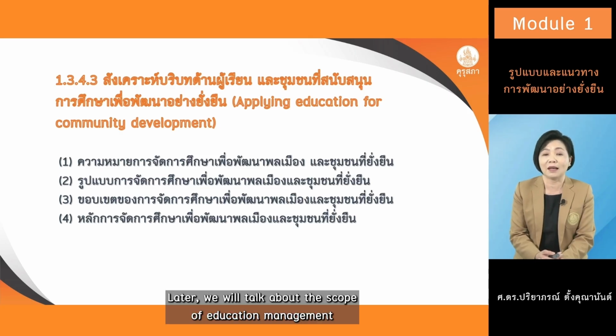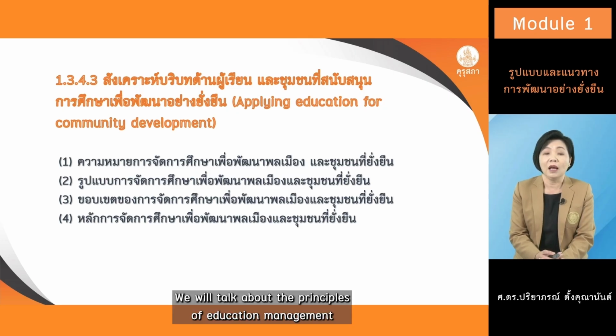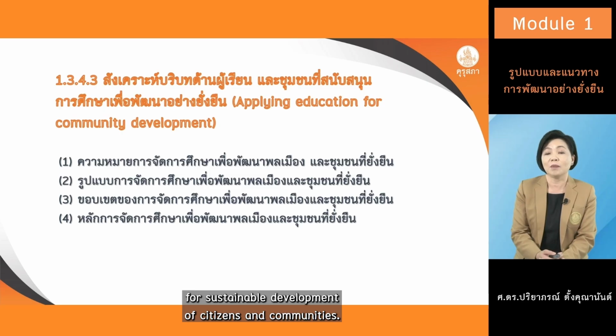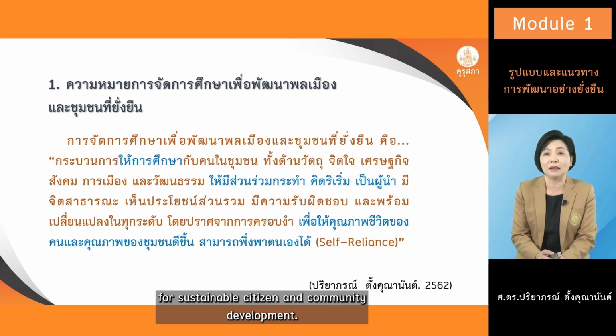Later, we will talk about the scope of the education management for sustainable development of citizens and communities. We will talk about the principles of education management for sustainable development of citizens and communities.